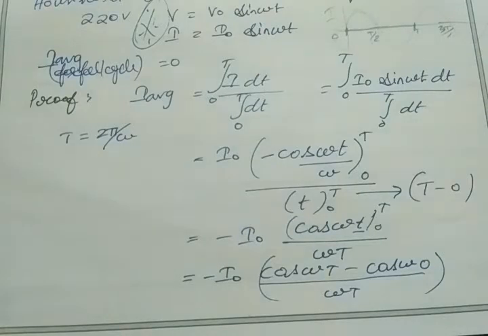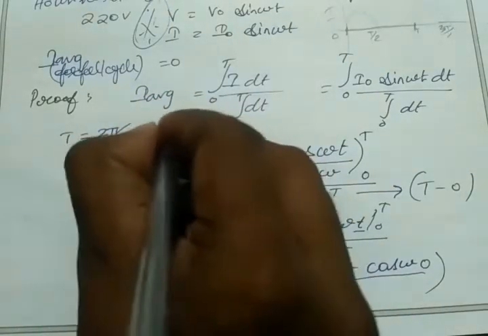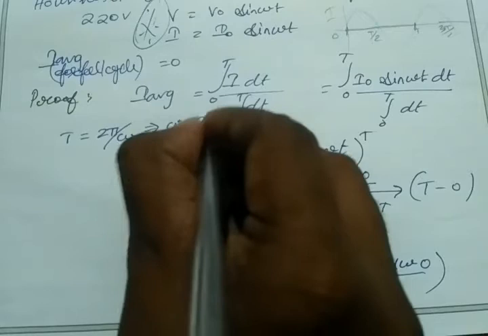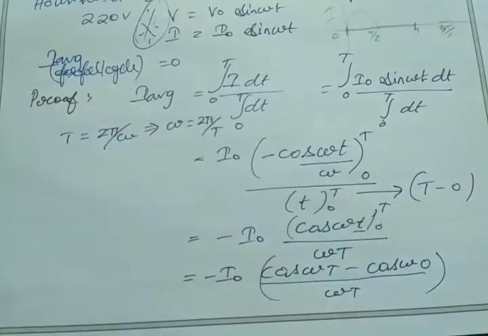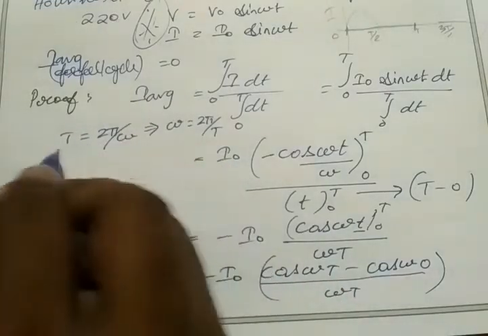This is the equation for time period for sinusoidal wave. Or we can rearrange this equation: we have omega equal to 2 pi by T. Hope you remember this equation. T equal to 2 pi by omega, or omega equal to 2 pi by T. So here instead of t, substitute this value.